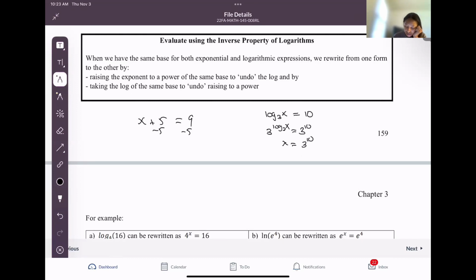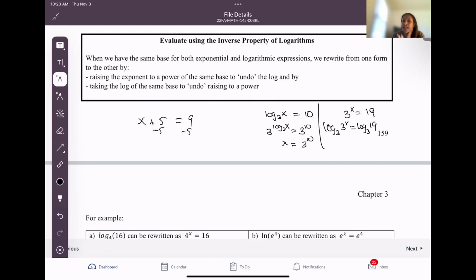Or another way to think of this is if we have 3 to the x equals, I'm trying to think of a number that doesn't work here, 19, okay? Then if I want to solve this, I can take log base 3 of both sides. Log base 3 of 3 to the x equals log base 3 of 19.